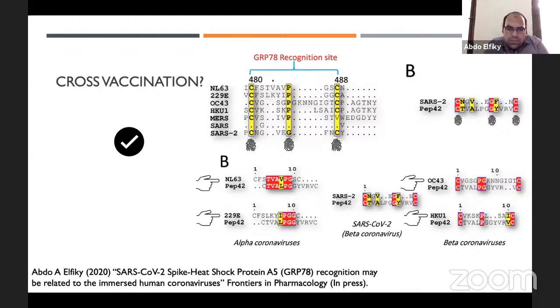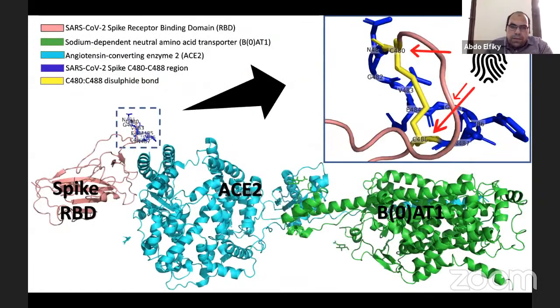We say in the paper that we can use endemic human coronaviruses that have very mild, cold-like or flu-like symptoms as a vaccine against COVID-19. Here are the interactions that occurred between the spike protein receptor binding domain and GRB78.